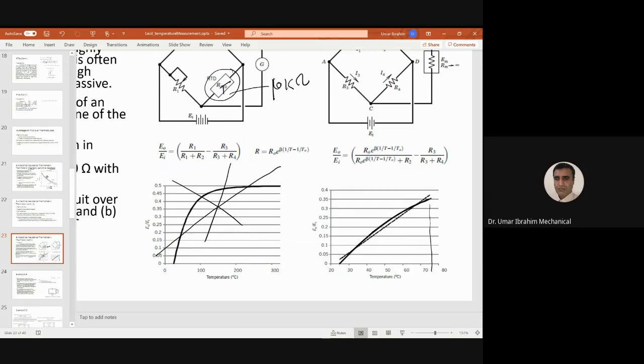And we can represent this curve by a straight line, or a linear line. Okay? And this approximation of a curve with a straight line results in small error of linearization.